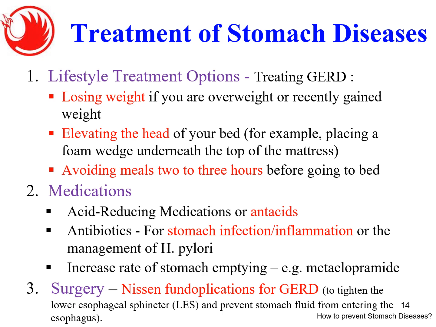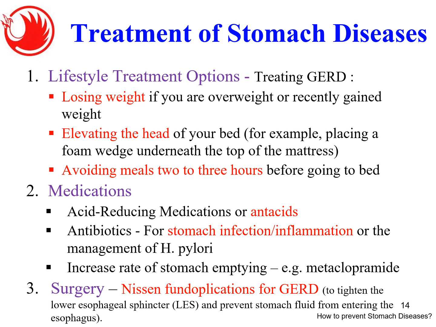For medication, the first one is acid reducing medication, or antacids, which are medicines to reduce the amount of acid in your stomach, so as to relieve your heartburn and indigestion problem. Next is to take antibiotics.